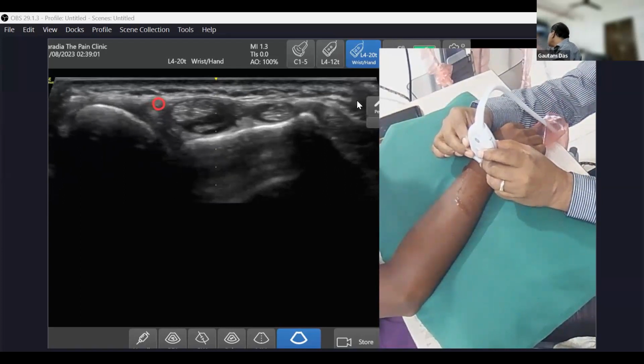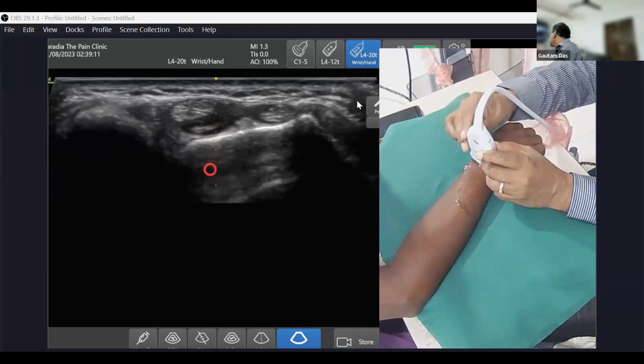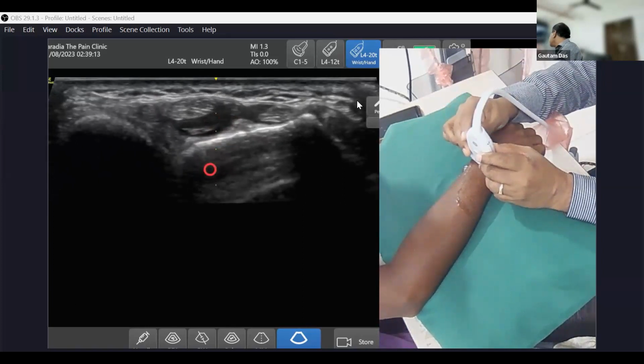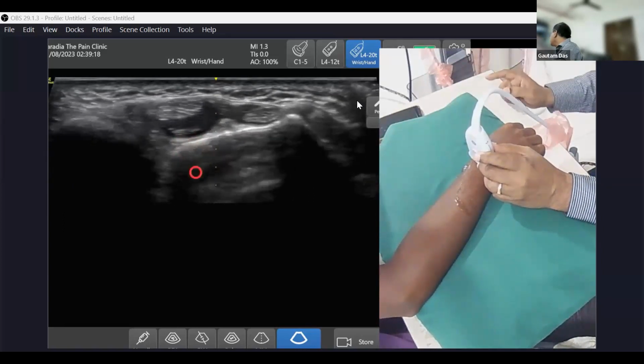Look here. This is the extensor indicis muscle, which will be supplied by the terminal branch. You can see the tiny pulses there now. That is the posterior interosseous nerve. I'm just tracing it more proximally. That day also I showed you. Here.